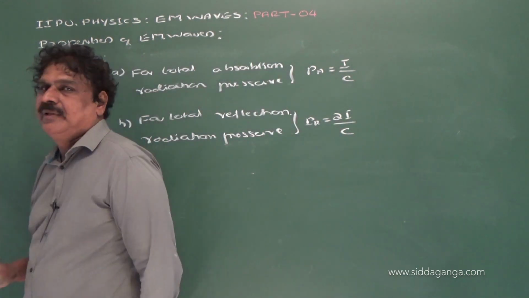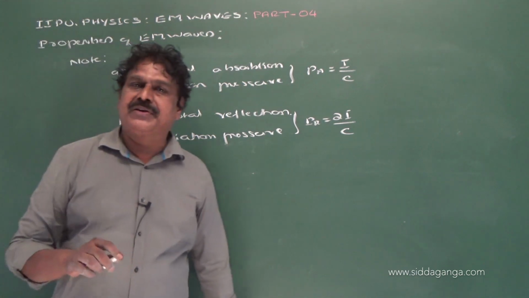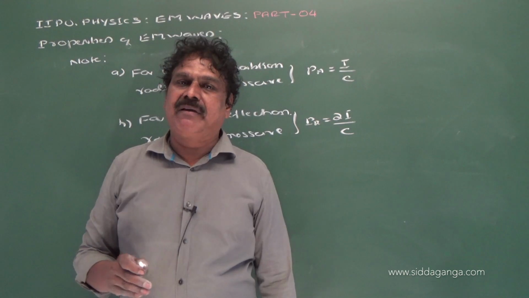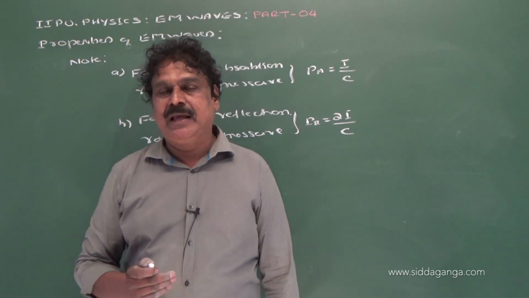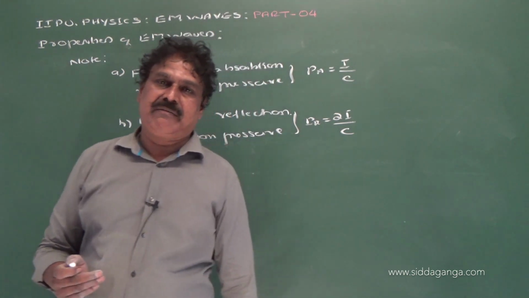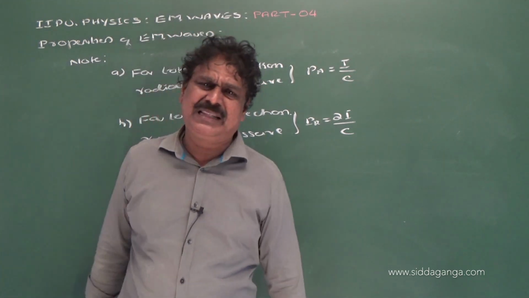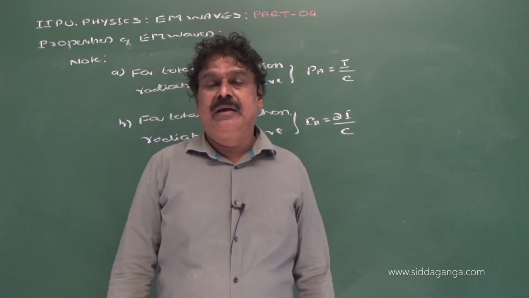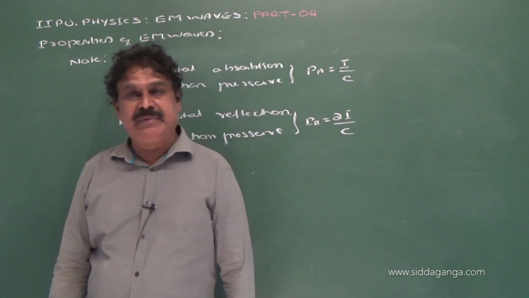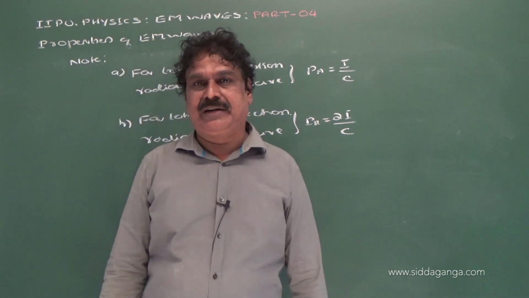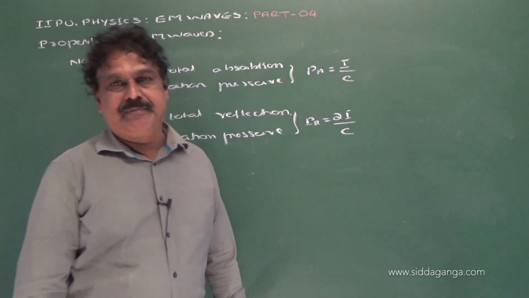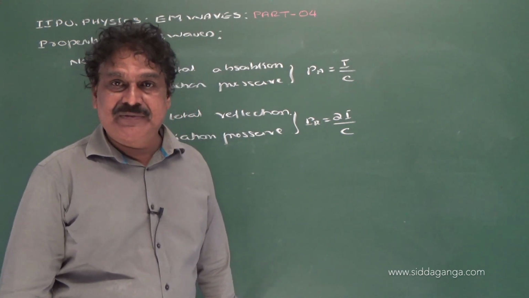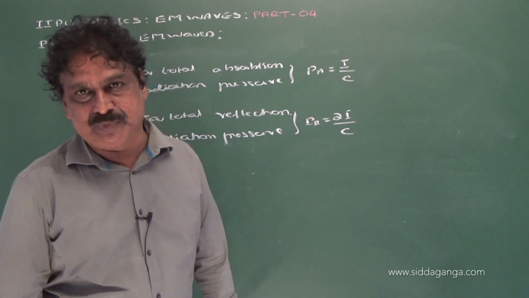Now here we are having the radiation pressure when electromagnetic wave is absorbed by a surface and when electromagnetic wave is reflected from a surface. Take the example of a high quality mirror. When light is incident on a high quality mirror, most of the light is reflected. When electromagnetic wave is incident on a perfectly black body, most of the light radiation is absorbed, right?